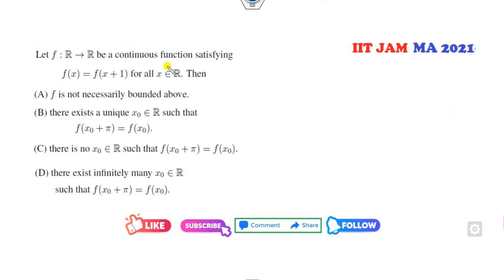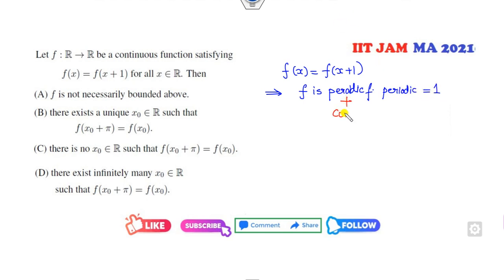Okay, look at this another one. F is a continuous function such that f of x is f of x plus 1. Do you understand what kind of function this is? This is a periodic function, with period 1. Clear? Also the function is given as continuous.